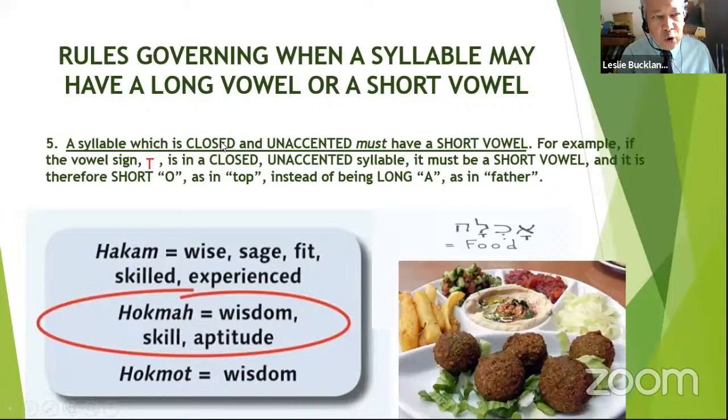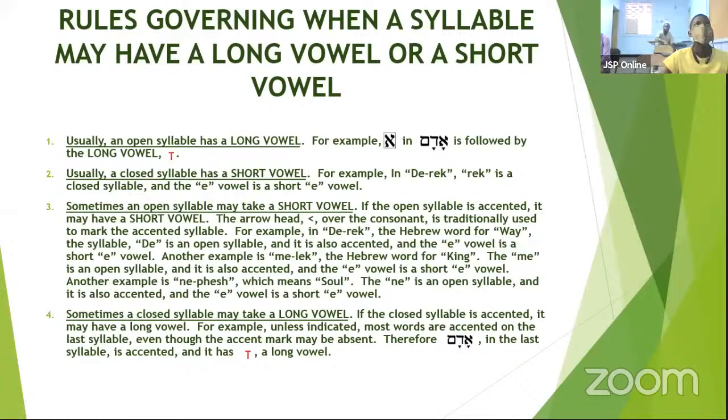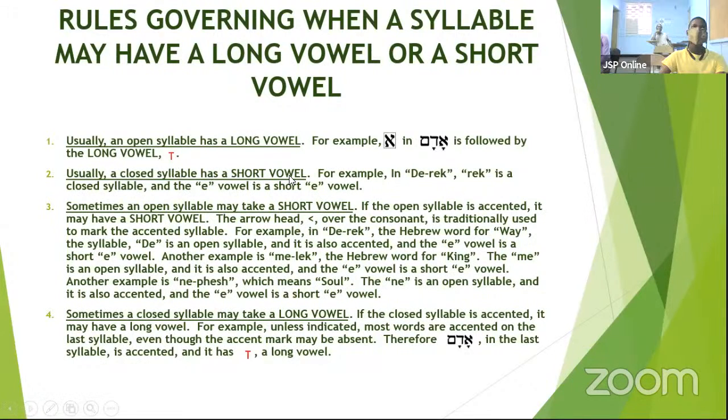Once you have a closed syllable and the syllable is without any accent, then there is only one kind of vowel that it can take. It must have a short vowel. And that logically follows from what we have seen over here. We have seen rule number 2, usually a closed syllable has a short vowel.